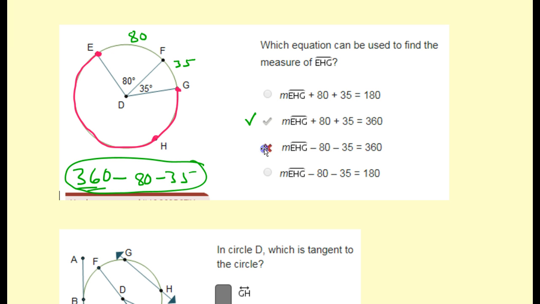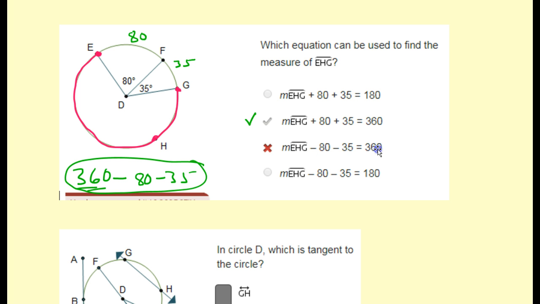Now, if you picked the third one, I can understand why. My thought process also was take something and then subtract 80 and subtract 35. But notice that what we're starting with is the entire circle. We would say 360 minus 80 minus 35. We wouldn't take the arc that we're looking for and then subtract 80 and subtract 35.